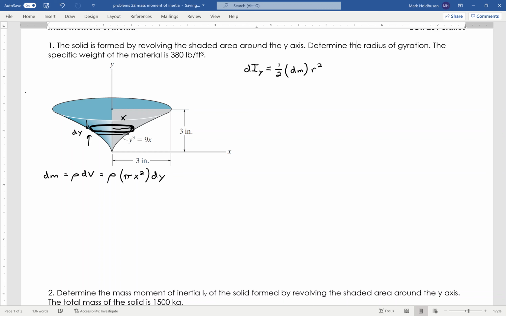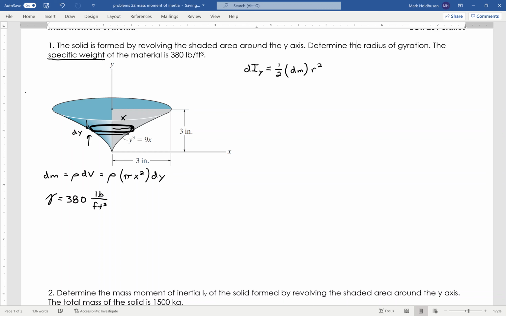Now, let's take a second, because it gives me the specific weight of the material, and it gives me that in pounds per cubic foot. Now, I need to get this in terms of mass, so I need to convert from pounds into slugs, okay? Specific weight is usually gamma, and it's, again, 380 pounds per cubic feet.